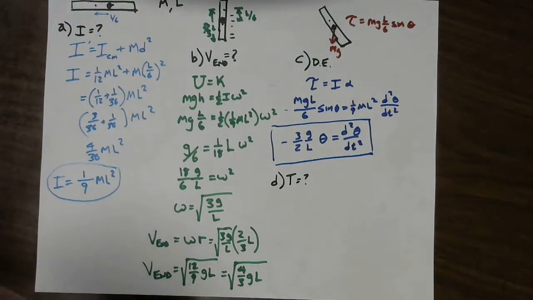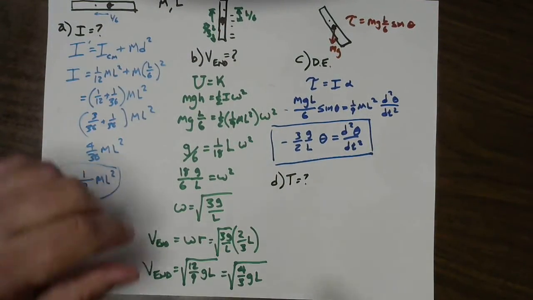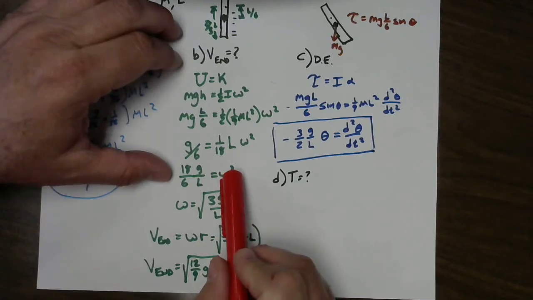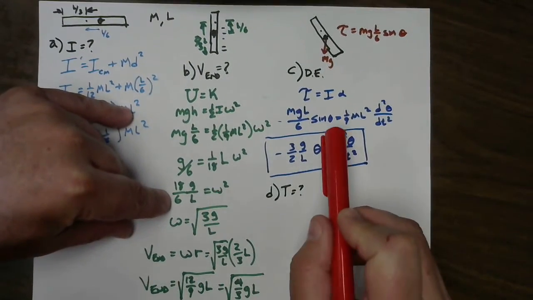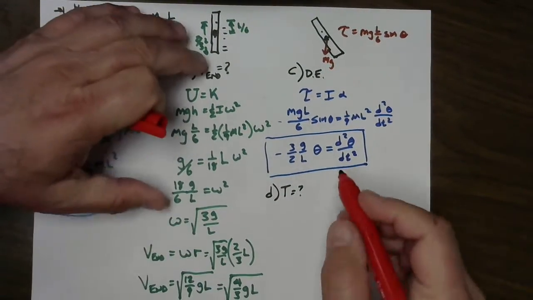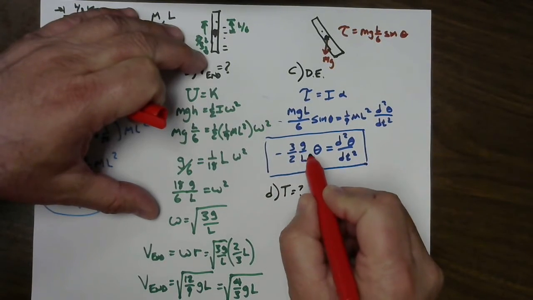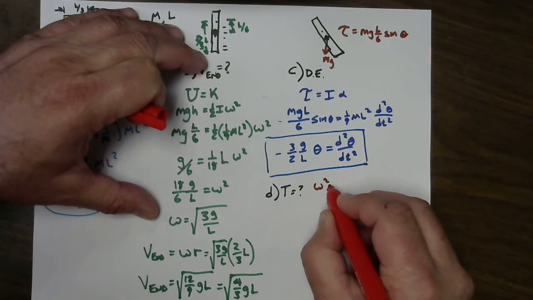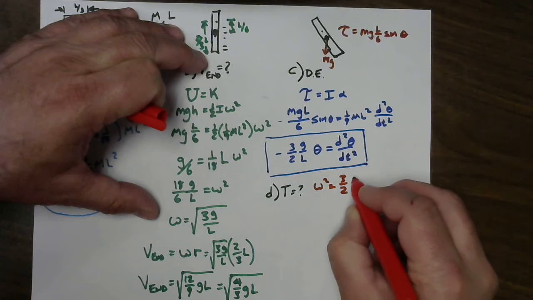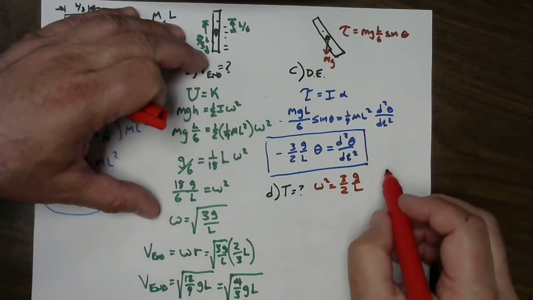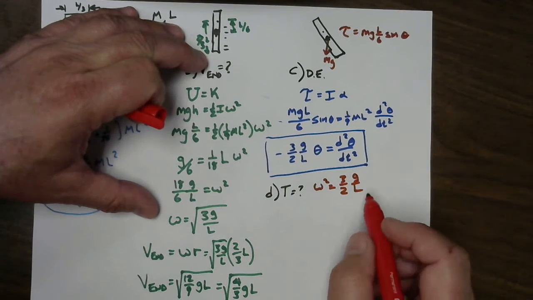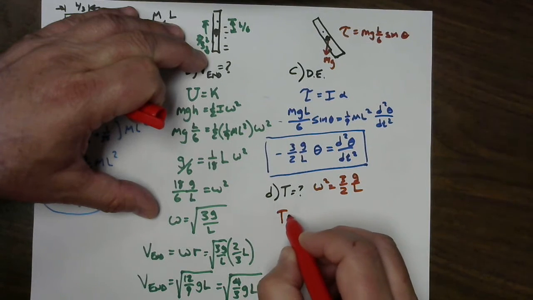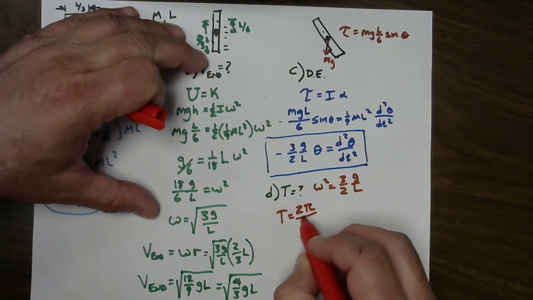And we know that when we find the omega, and not the omega for this thing, this is a totally different situation. The oscillations start here. Omega is whatever is in front of here. Well, actually, omega squared is 3/2 g over L. And that means that omega is the square root of that. So we can find the period by taking 2 pi and dividing by omega.